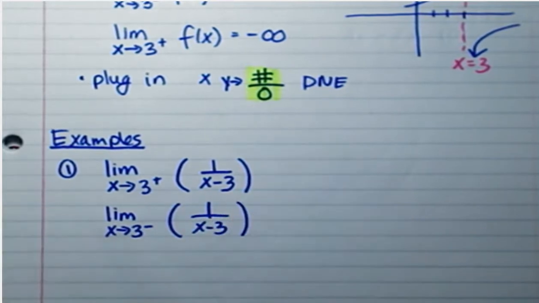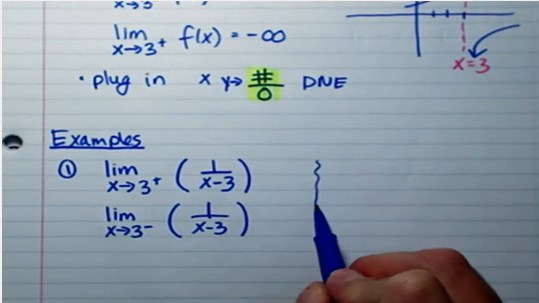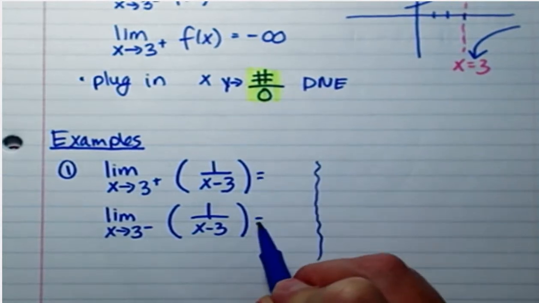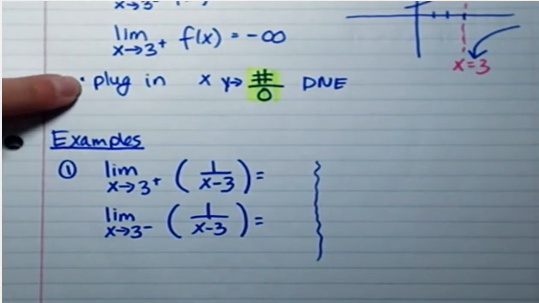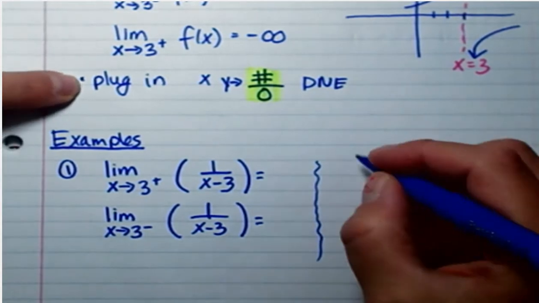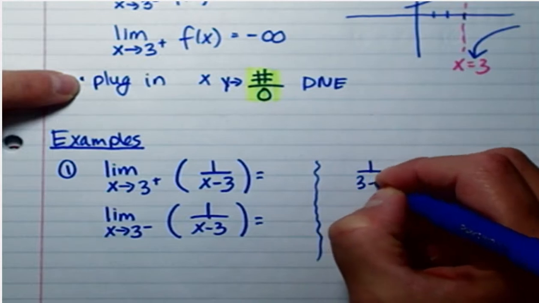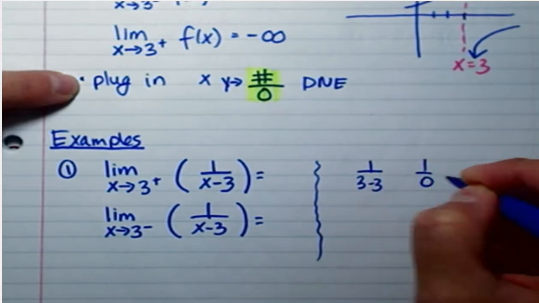The goal is to do this without a calculator. Scratch work. Plug in. That's always our first step. Plug in. 1 over 3 minus 3.